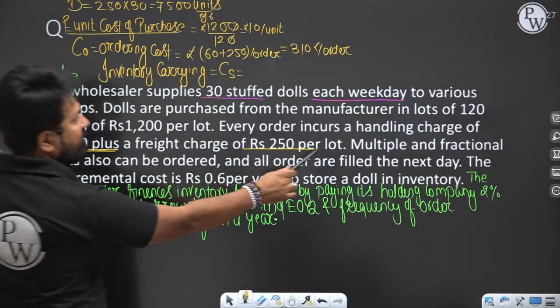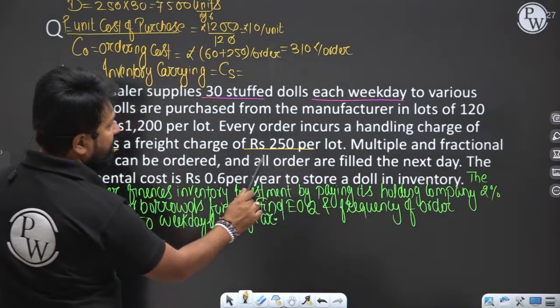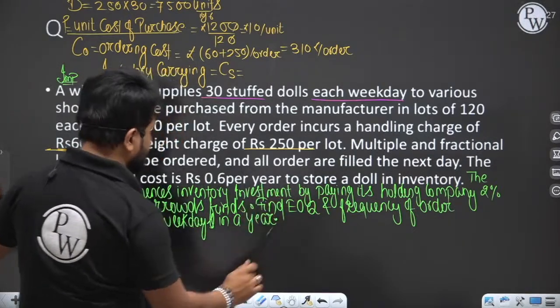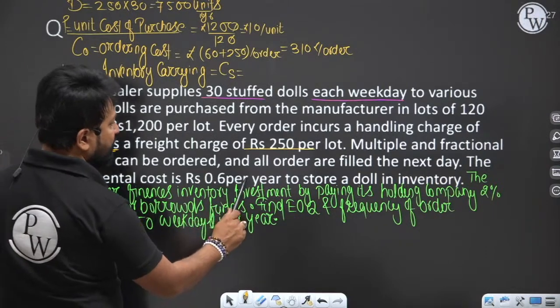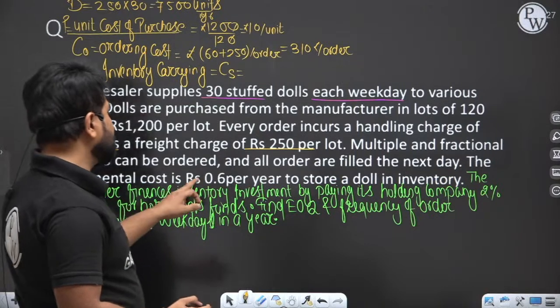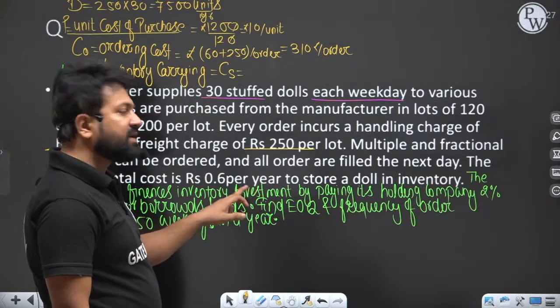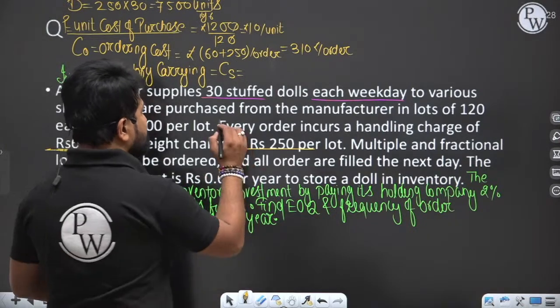Multiple and fractional lots can also be ordered, and all orders are filled the next day. The incremental cost is rupees 0.6 per year to store a doll in the inventory. So this is the storage cost, 0.6 per year.